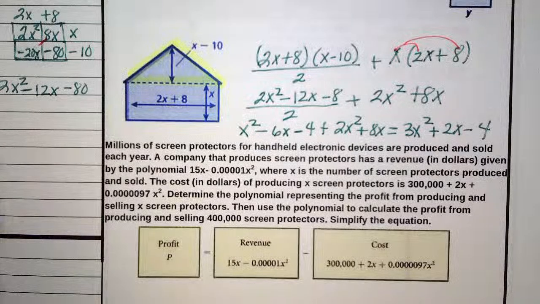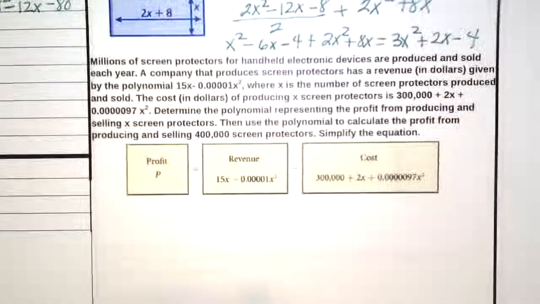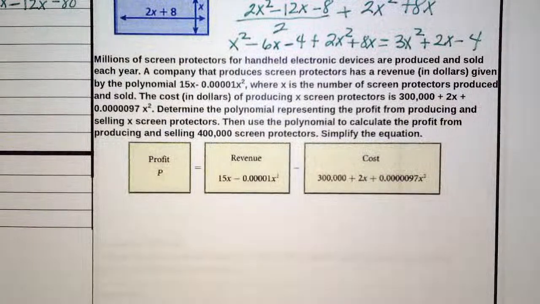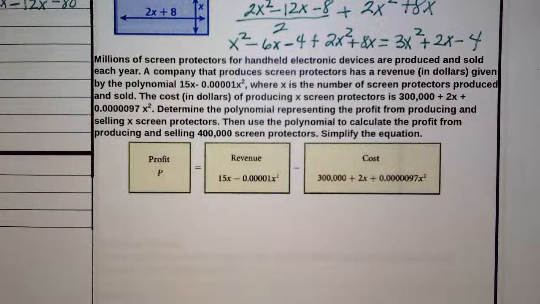So our profit is equal to our revenue minus our cost. So if we're going to do this, let's set it up as an equation.